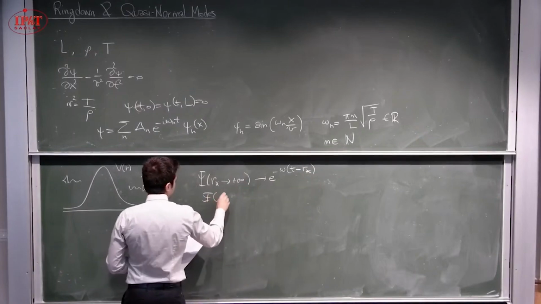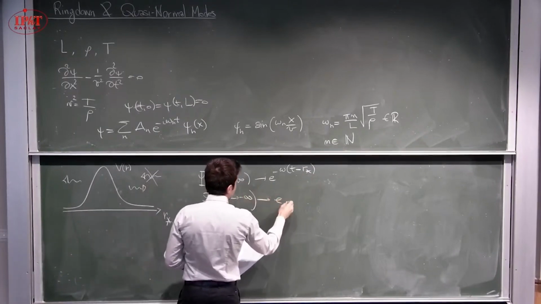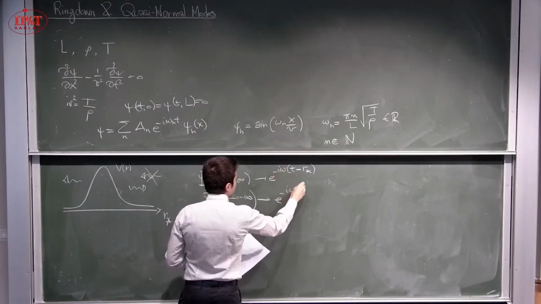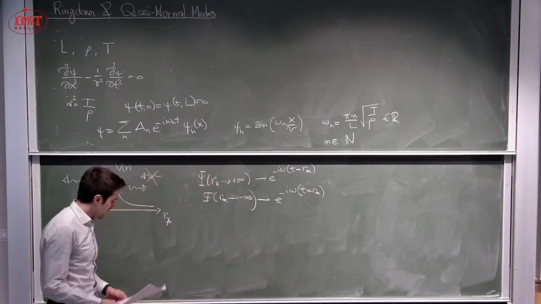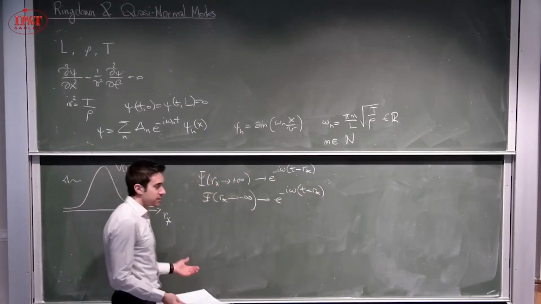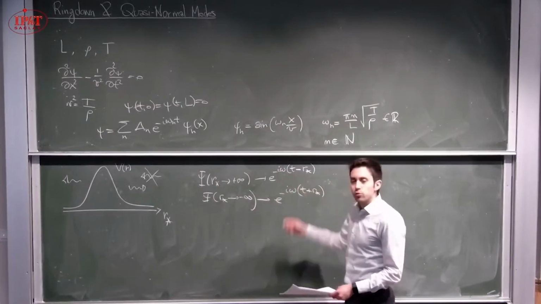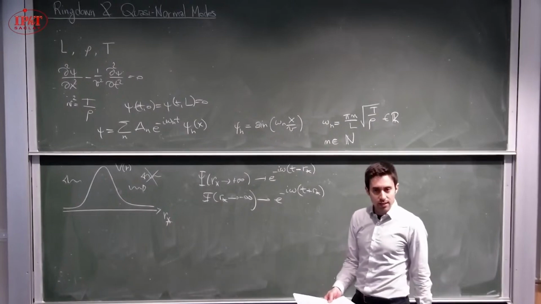And similarly, if you go to the horizon, we are going to require that this goes like e^{-iω(t + r*)}. Okay, so these are the boundary conditions that we solve. We have a second order ODE, and we have to impose two boundary conditions. So everything is fully fixed now. So let's solve the equations.